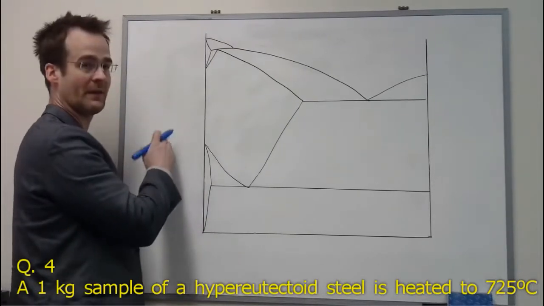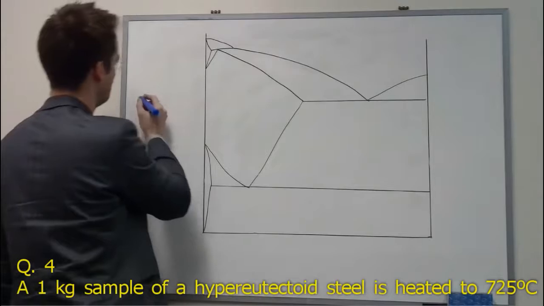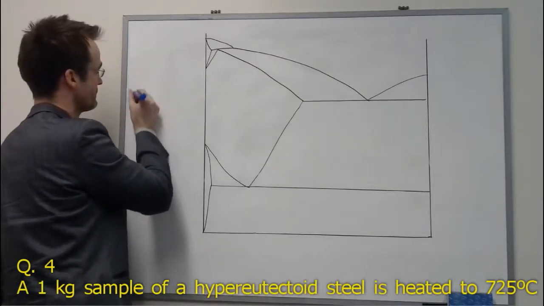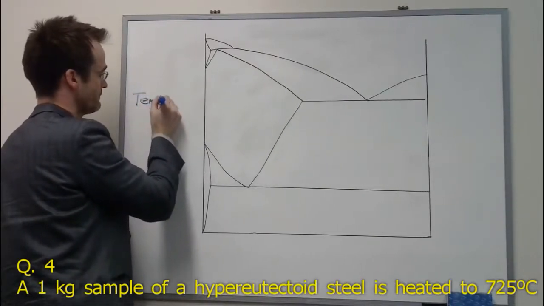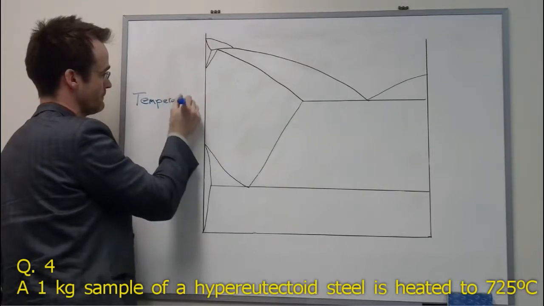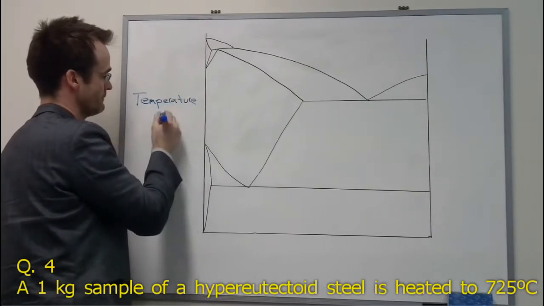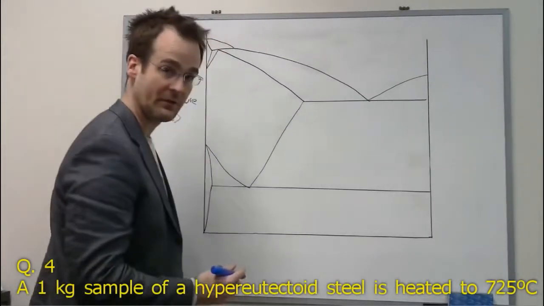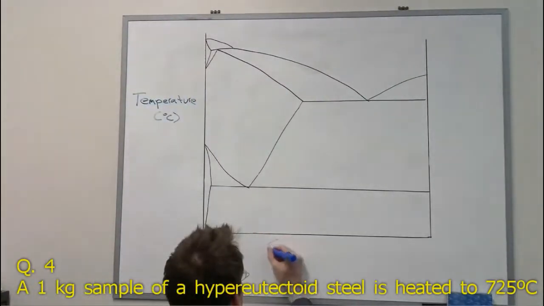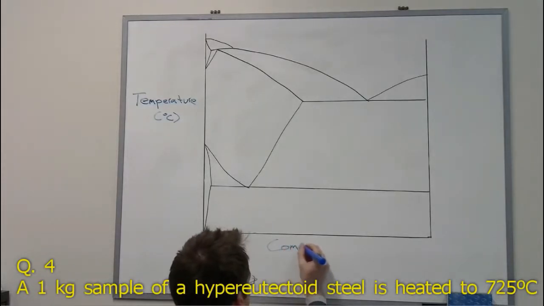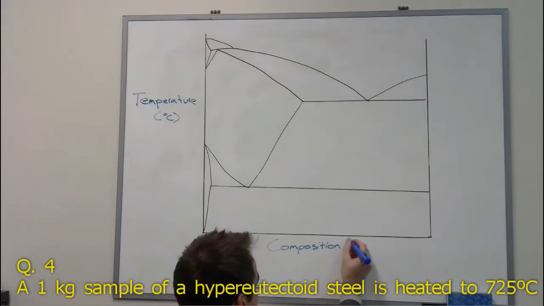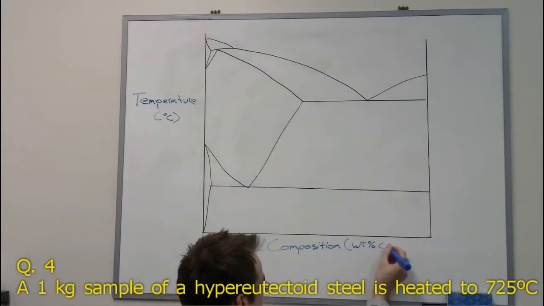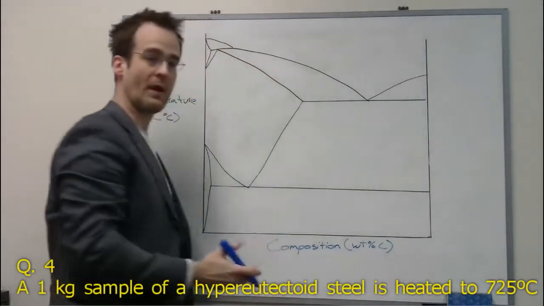So first of all, we've got the temperature axis. Along the x-axis, we have composition, in weight percent carbon.